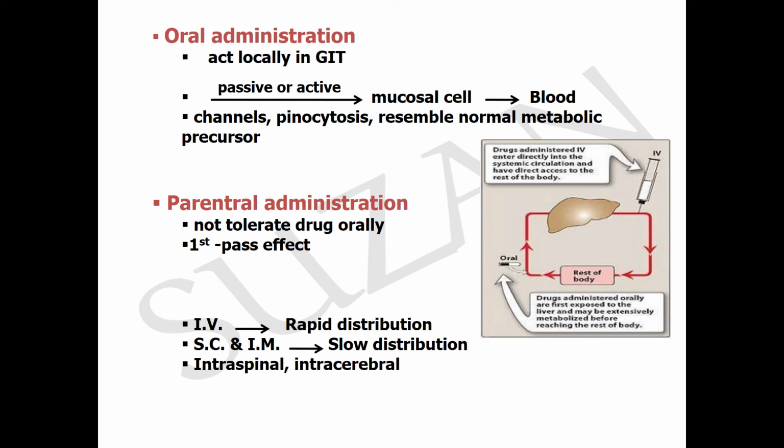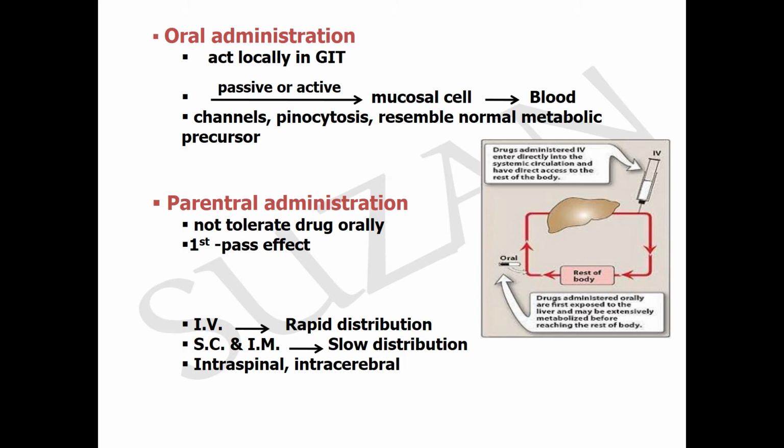Following oral administration, drug can act locally in the GIT, or the drug can pass through the mucosal cell and reach the blood or the circulation. The passage of the drug into the mucosal cell can be either passive or active process.